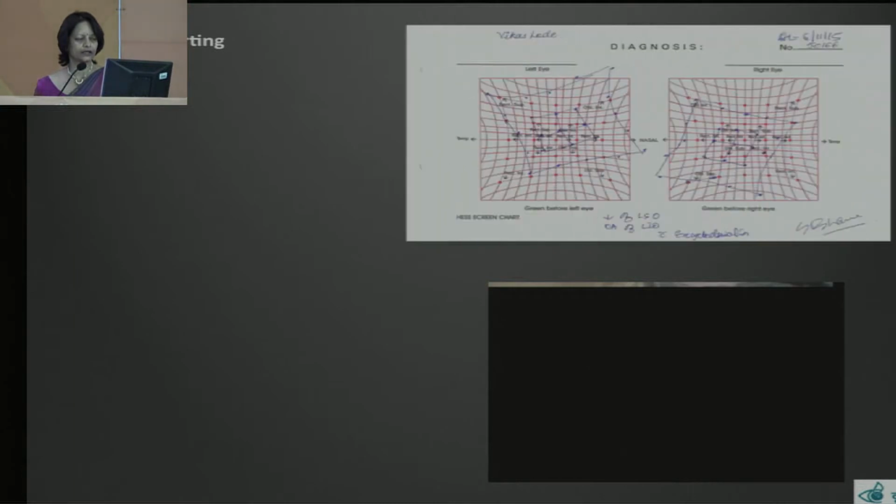The Hess charting gives valuable assistance in knowing the position of the eyes, as in this case there is underaction of both the superior obliques, asymmetric, with overaction of the inferior obliques. So it's a case of bilateral superior oblique palsy. There is also an excyclodeviation.